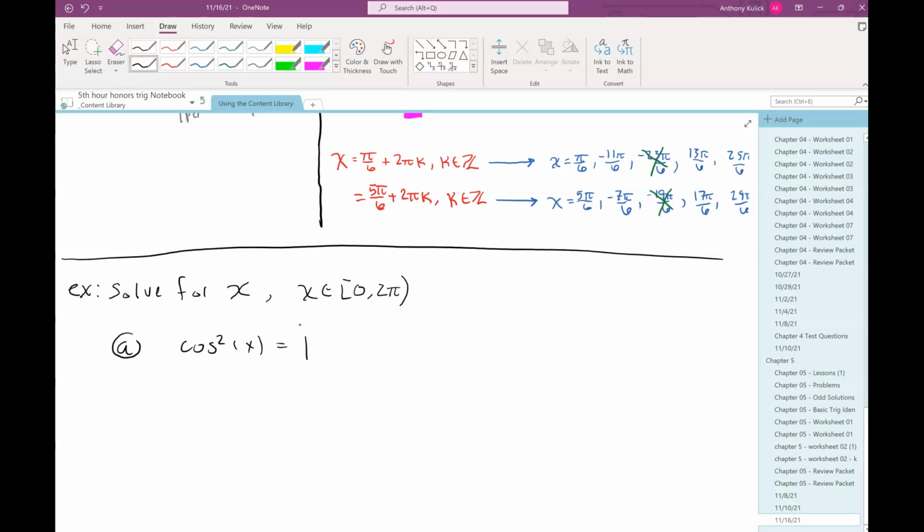So what do we have to do first before I can do the cosine inverse? Get rid of the squared. Great. And how do we get rid of a squared? We use the trigonometric, right? Nope. Easier than that.